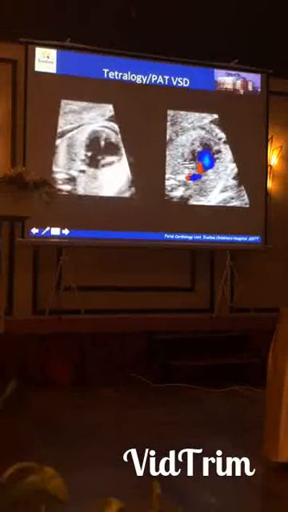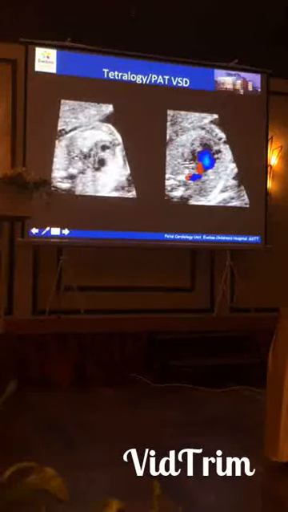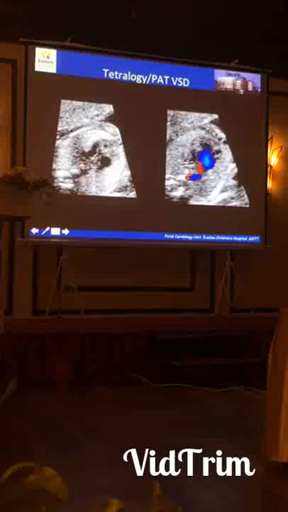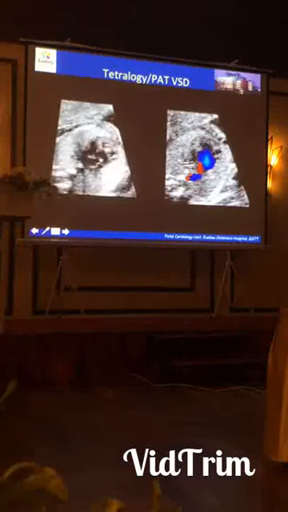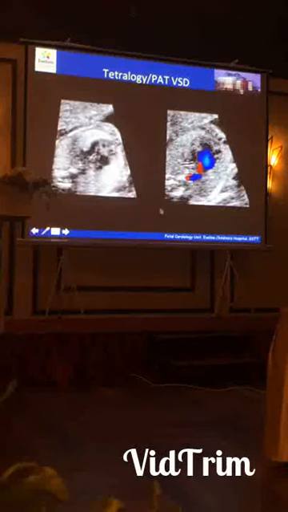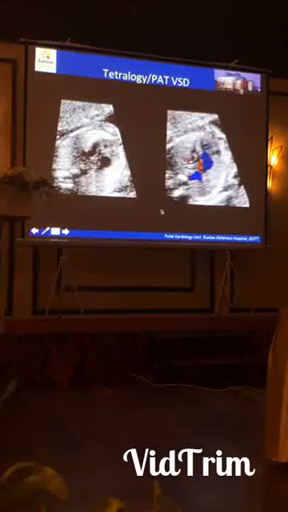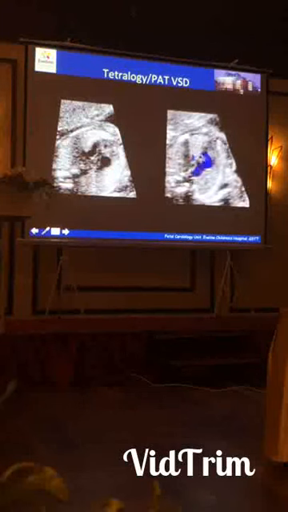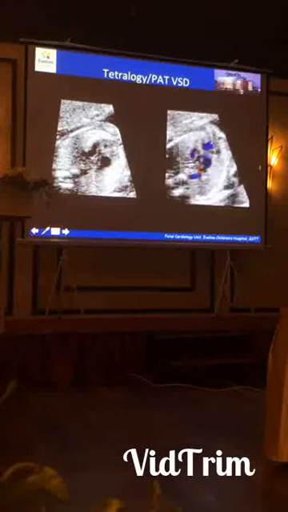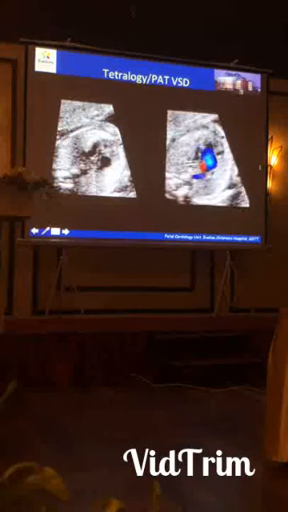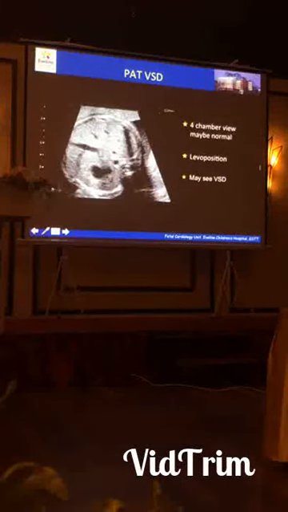And in this baby, we could see a tiny pulmonary artery here, which seemed to connect to the right ventricle. And you can see it branching. But we could only see reverse flow from the duct. We couldn't see any forward flow into that vessel. It was all coming retrogradely. So this is at the severe end of the spectrum of tetralogy.